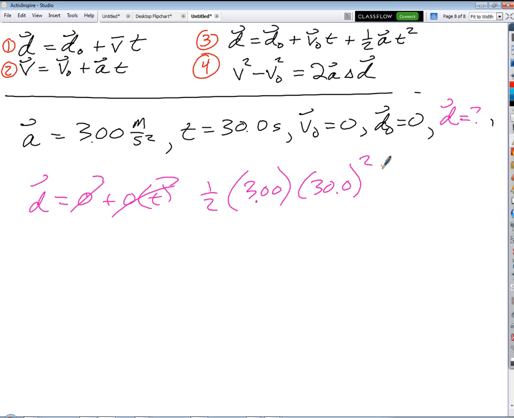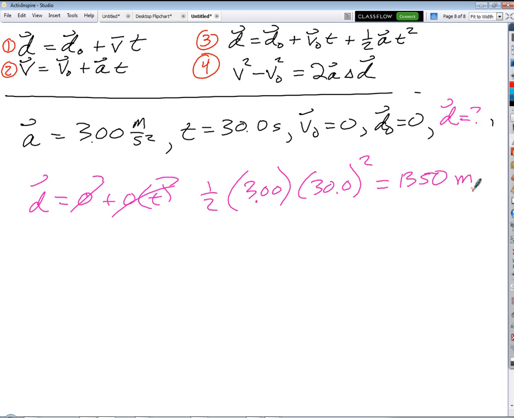So we get 1.5 times 900 is 1350, right? What are the units going to be? Meters. Okay, make sense?